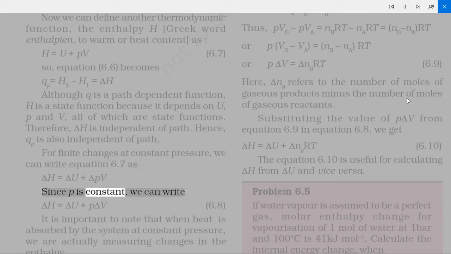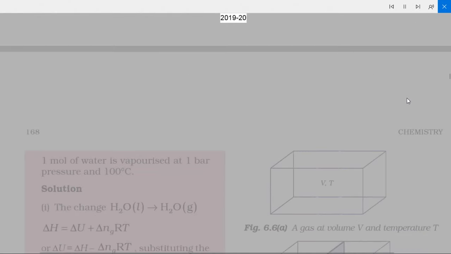Since P is constant, we can write ΔH is equal to ΔU plus PΔV, equation 6.8. It is important to note that when heat is absorbed by the system at constant pressure, we are actually measuring changes in the enthalpy.